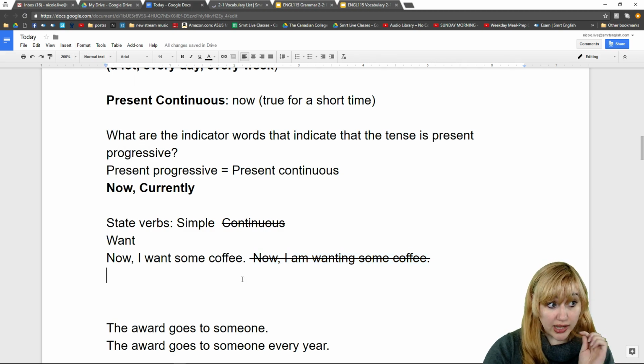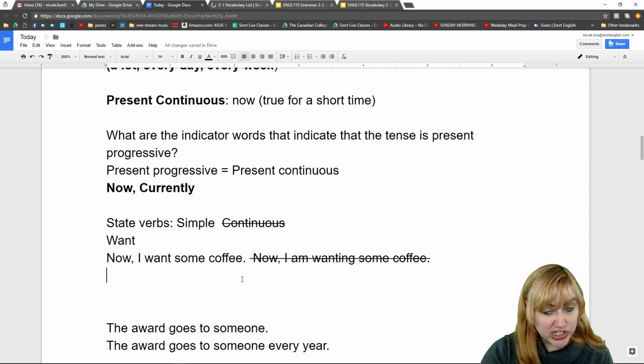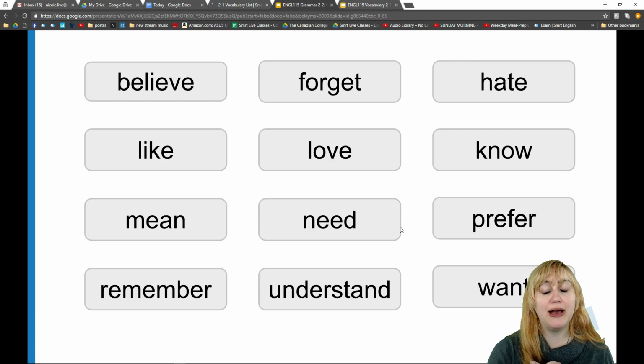So I'm talking about right now, and now is usually continuous. But for these verbs right here, it doesn't matter. It doesn't matter if you're talking about now or if you're talking about usually. These verbs, you're going to use simple grammar, not continuous.